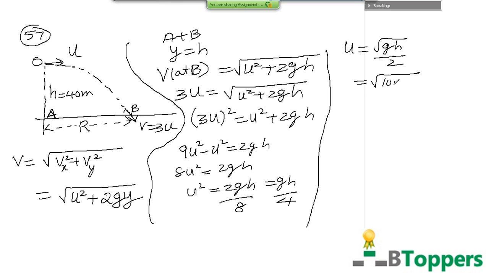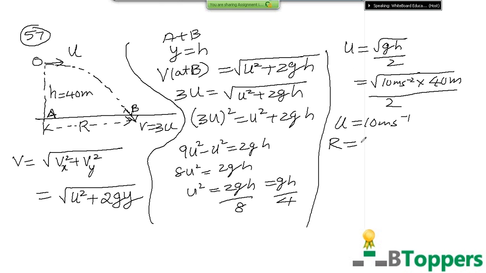g is given as 10 meters per second square, and h is given to be 40 meters. So if you simplify this, you get u equal to 10 meters per second. The horizontal distance covered during the motion under influence of gravity, or horizontal range, is equal to horizontal velocity into time of motion.